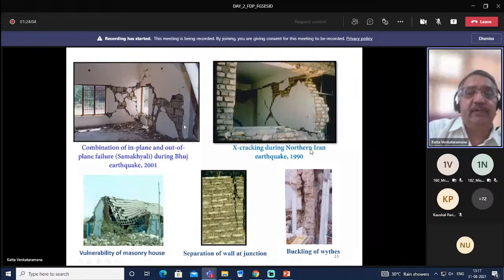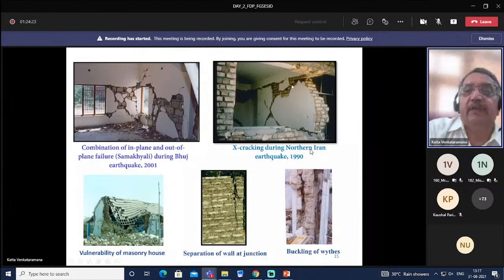And a combination of in-plane and out-of-plane failure in Samkhiali during the Bhuj earthquake. This also, two walls, particularly here, these masonry walls, failure has occurred.